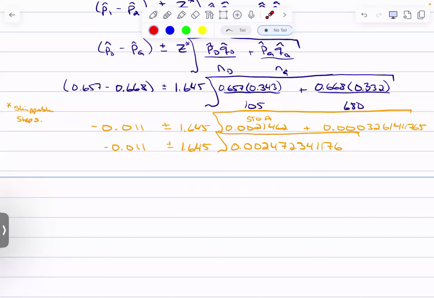That's a common mistake. Once I take the square root, 1.645. My standard error for a confidence interval is 0.04972264249.